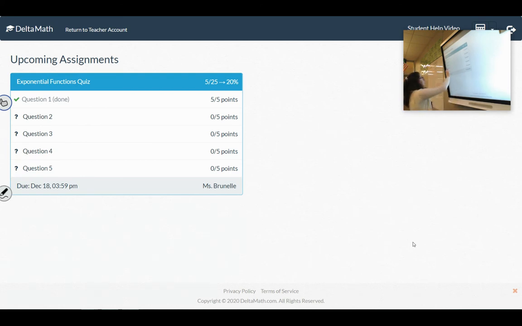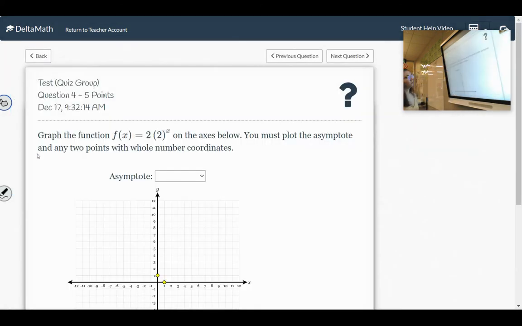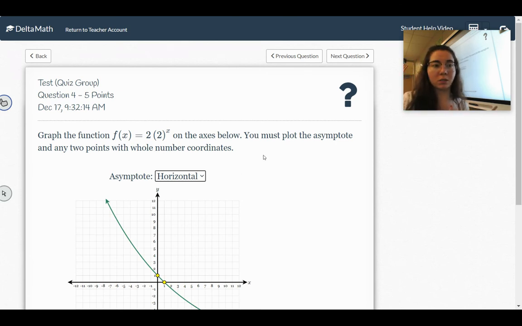Now, our next two questions, questions 4 and 5, are going to be looking at how we graph these exponents. Remember that whenever we have our equation, we always want our asymptote as horizontal, never vertical. This is always horizontal for us. There will be times in the future where we have vertical, but not today.